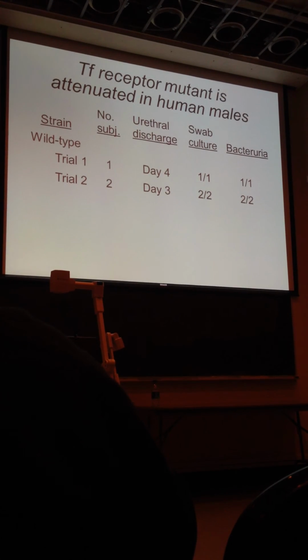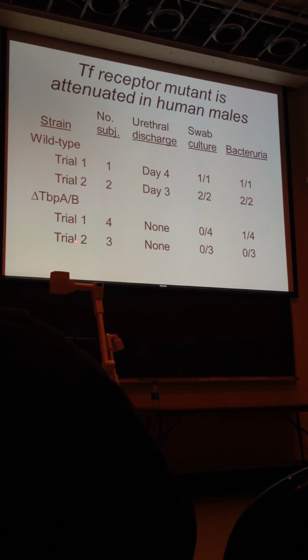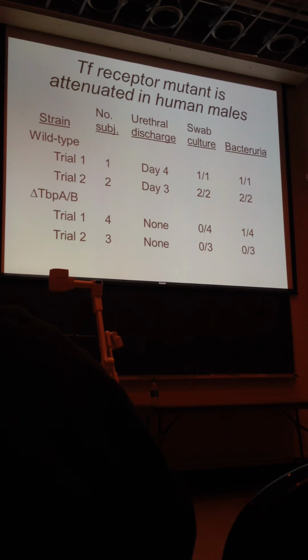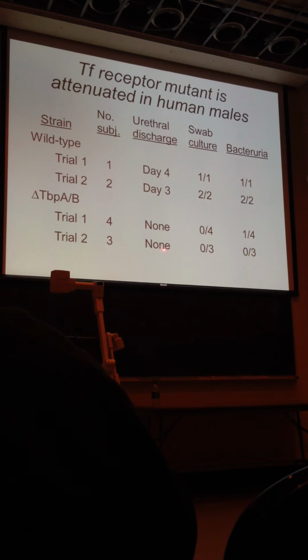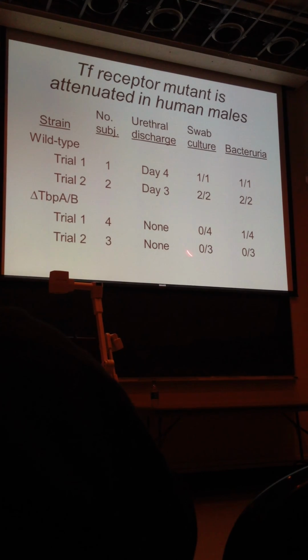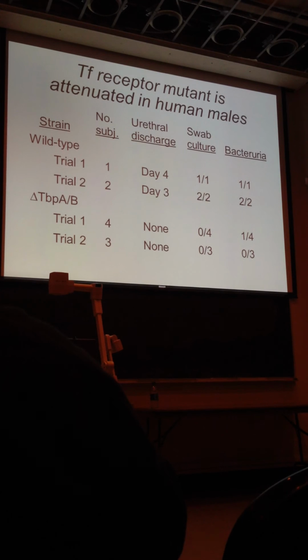We know these organisms are infectious. By contrast, the mutant that could not express either of these transferrin binding proteins was not able to cause any urethral discharge at all in any of the 7 subjects. The organisms were never recovered in the swab specimens.